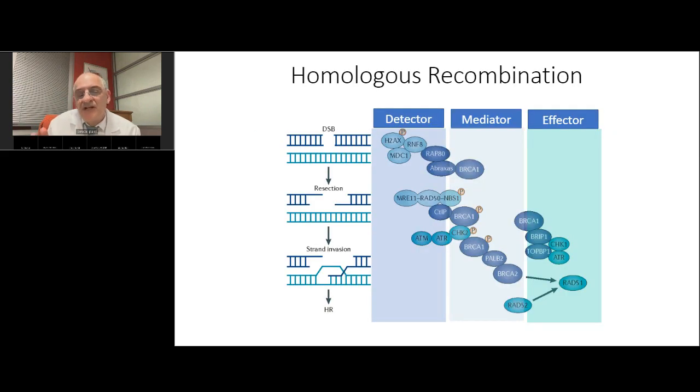Homologous recombination involves many genes and proteins, and they interact at different steps of the process. I will not go through this again, but just let me mention very important and well-known proteins like BRCA1, BRCA2 gene, PALB2 gene, ATM, and the RAD50 family.